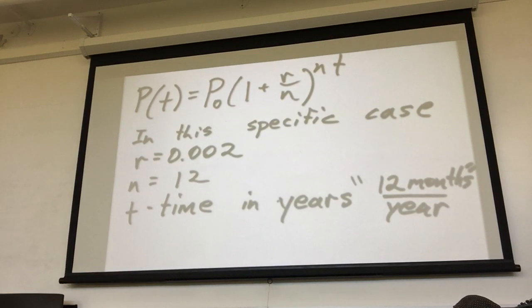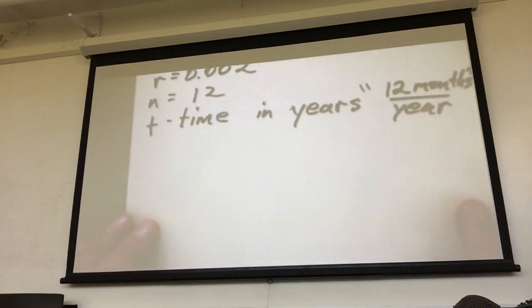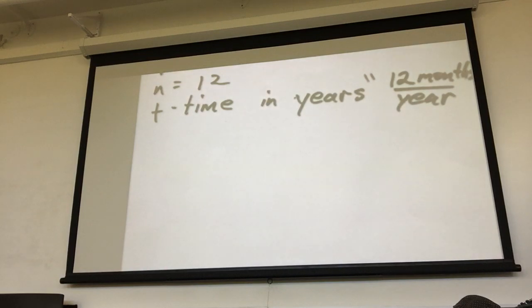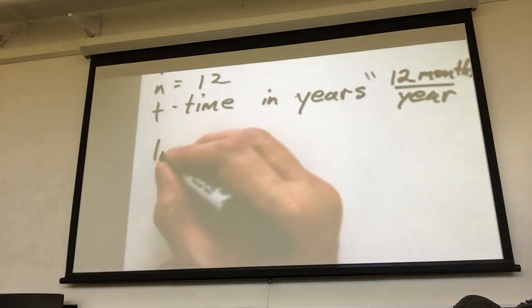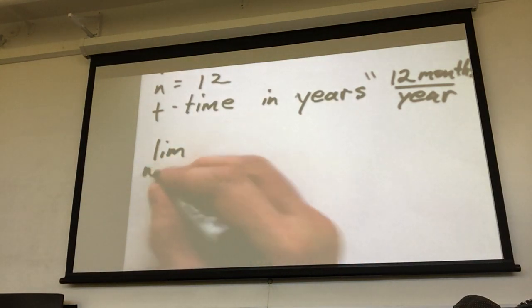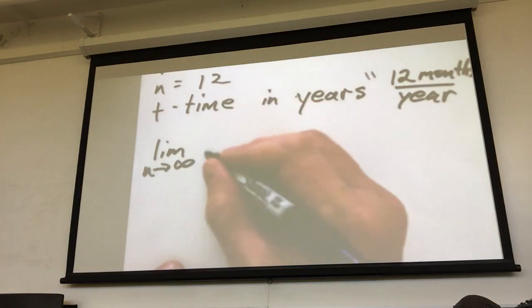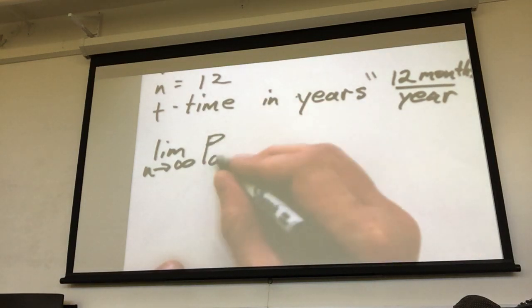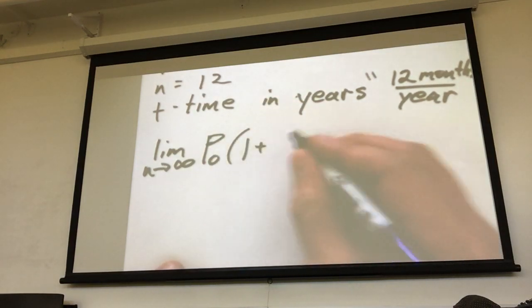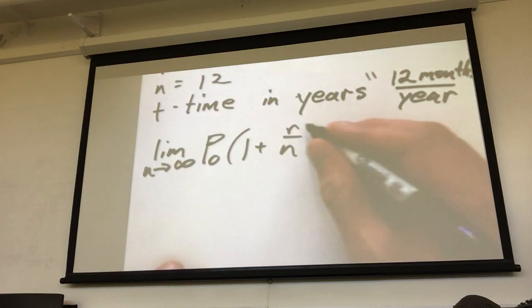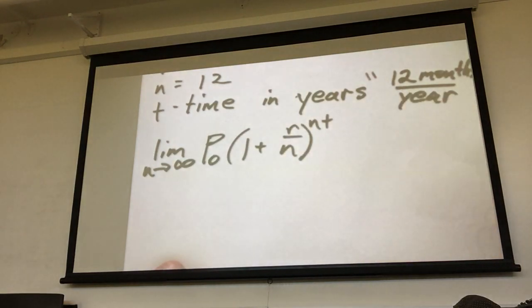Okay, so if I take this formula right here and decide the limit as n tends towards infinity of P naught times 1 plus R divided by n raised to the nt.